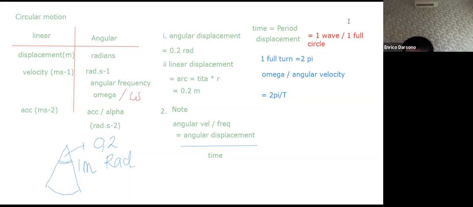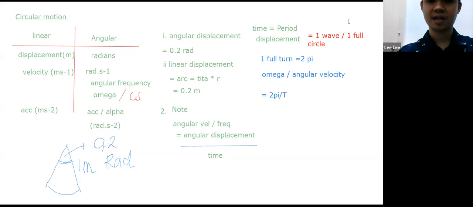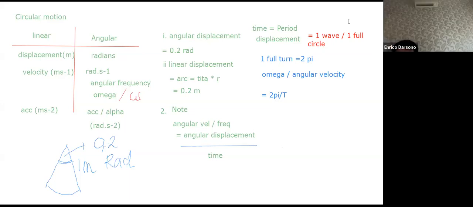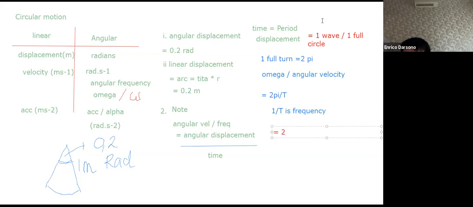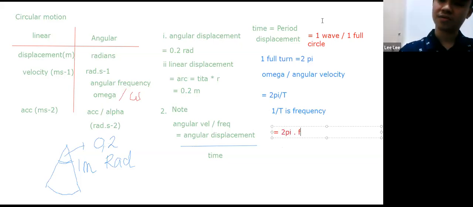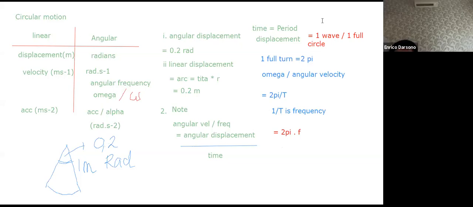If the time you use is period, then the angular displacement is 2 pi. Understand? Yes, sir. And 1 over period is frequency. So another formula is also 2 pi times frequency. Any questions until here?